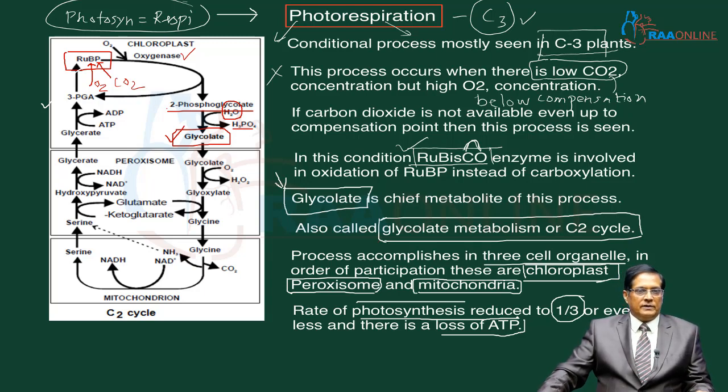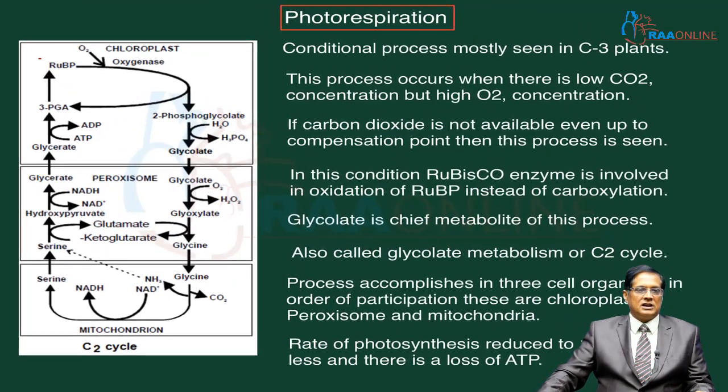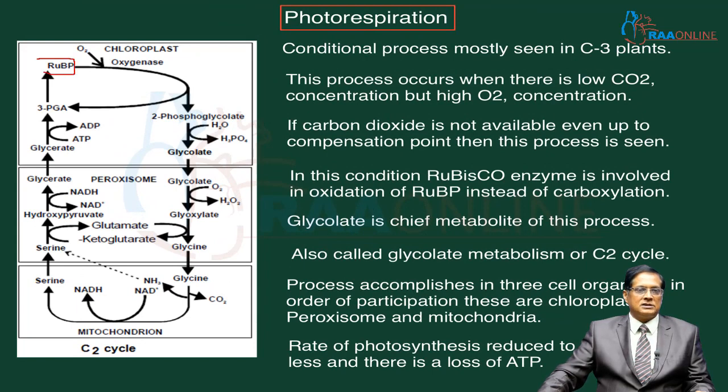So, in brief, let's see the involvement of 3 cell organelles. Number 1, the process starts with the chloroplast. First of all, oxidation of RUBP results in the formation of glycolate.